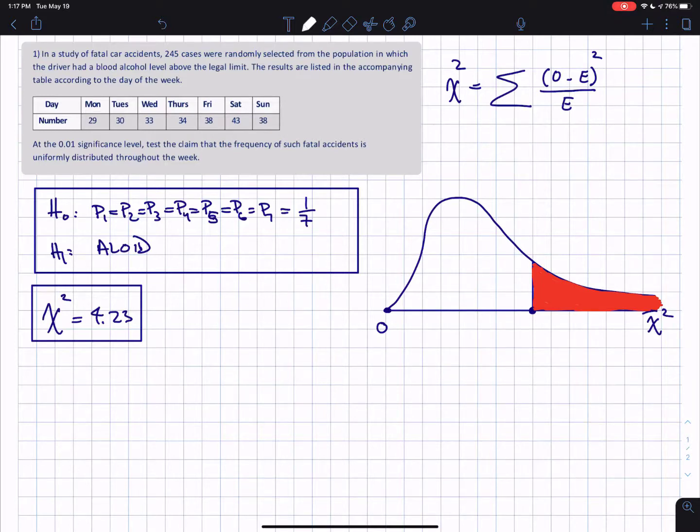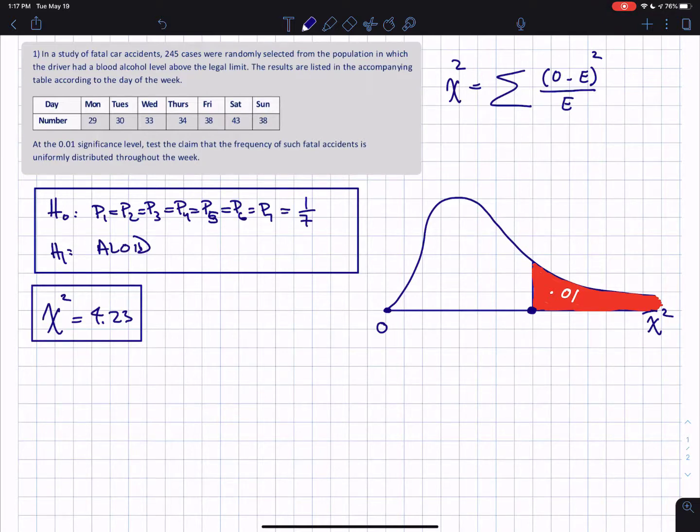So here, it says alpha is 0.01, which means the area in here is 0.01, which means that's the value I'm going to use for my chi-square critical value on Excel. So I need to find this gatekeeper again, if you recall. But here, this is not a z or a t. This is a chi-square value.